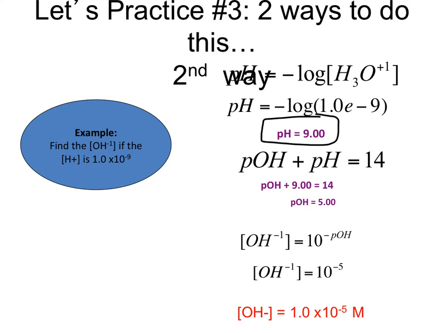We can then use the next equation, pOH plus pH equals 14, to get a pOH of 5, with the final equation of popping in the 5 as the negative pOH and coming up with the answer of 1 times 10 to the negative 5th. It's your decision on which way you want to do the problem. Just make sure you pick the way that gets you the right answer.